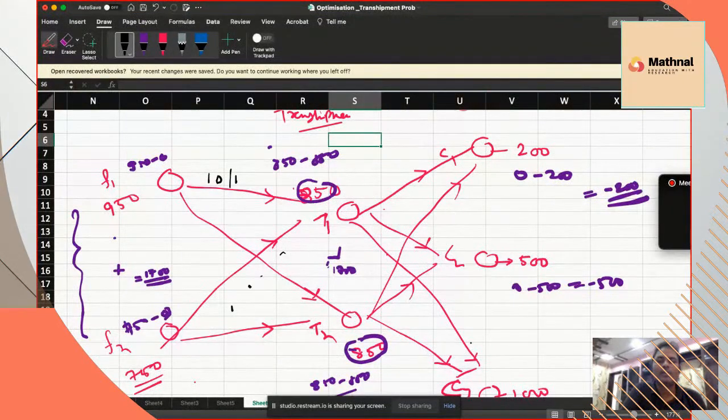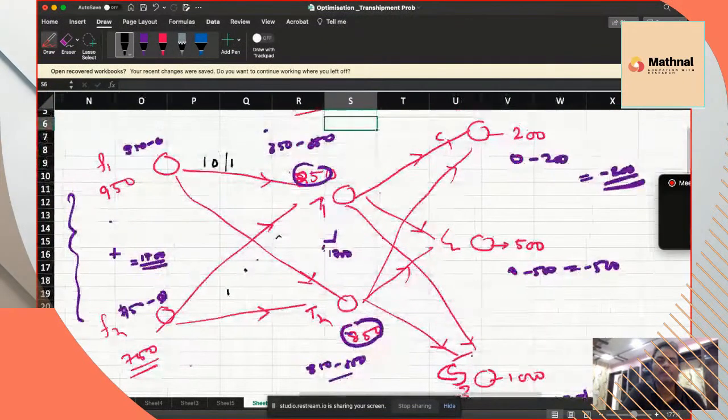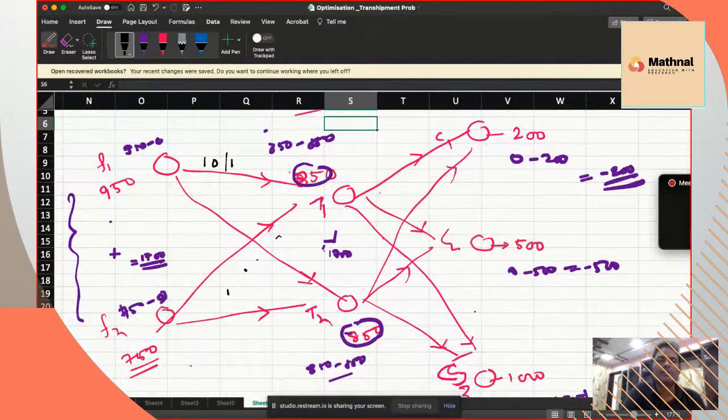C1, C2, C3 are the demand points, meaning customers. F1 and F2 are going to supply, C1, C2, C3 are going to receive the product. Is it clear what is the role of stakeholders F1, F2, and C1, C2, C3?